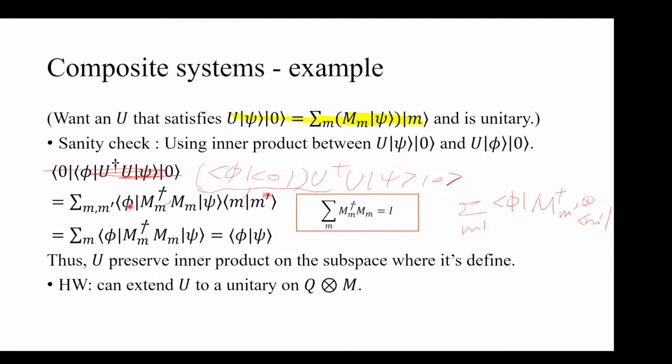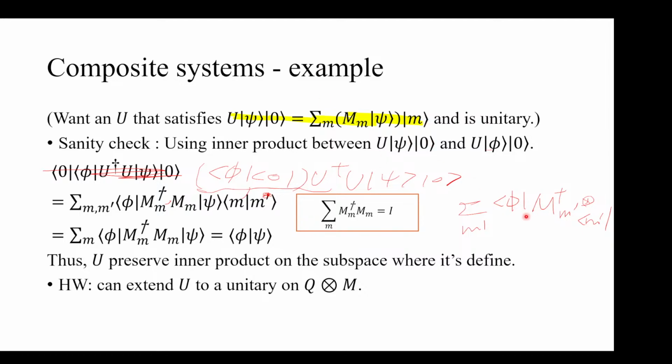And so we have this thing inner product with this thing, and we know inner product works on each slot, and it's also linear. So we can put the summation outside. So the summation is just over m and m prime, and then we just have the tensor product of one thing multiplied with the tensor product of the other thing.